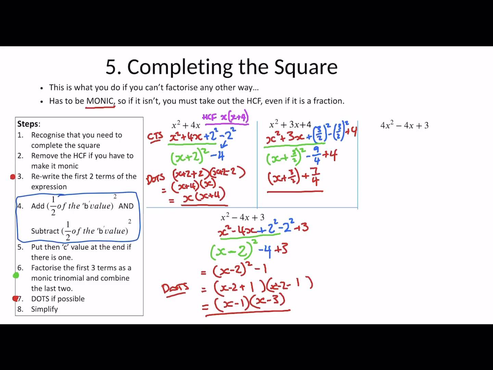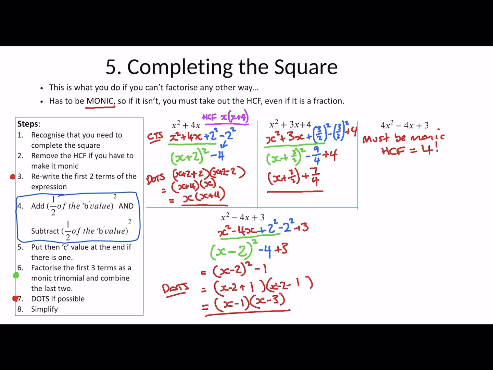Okay, let's just do this last one. Now, remember, 4x squared minus 4x plus 3, these have to be monic. So we have to take out a common factor of 4. We have to take it out of all three things there. So the 4 comes out the front. I've just done that in green because we're going to use it again later on.